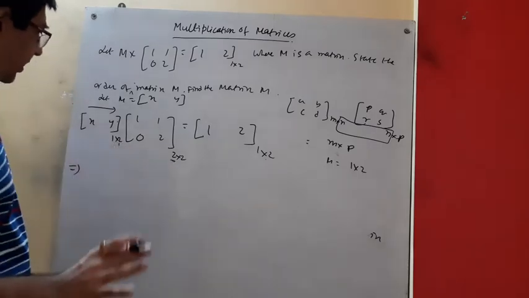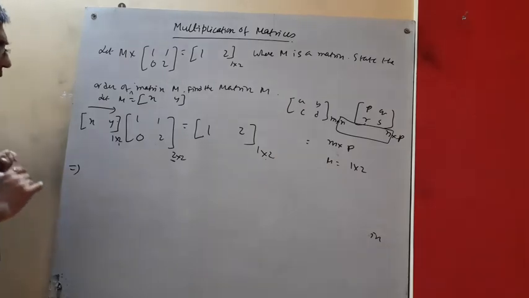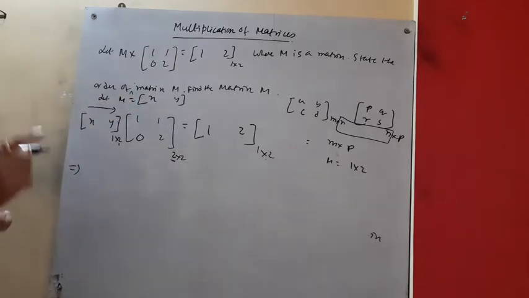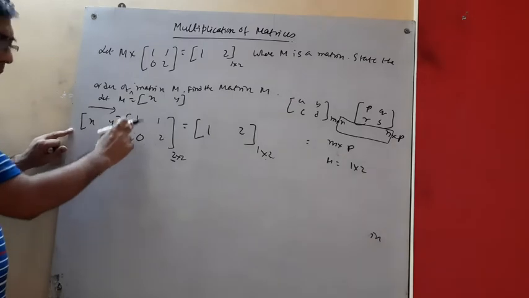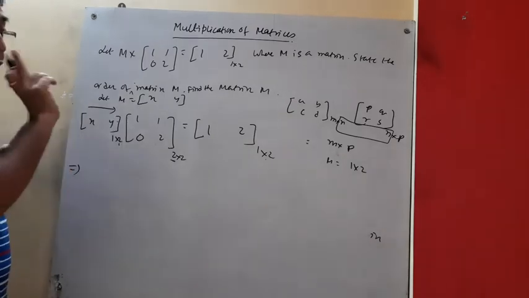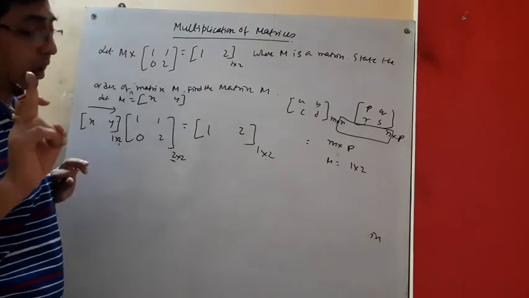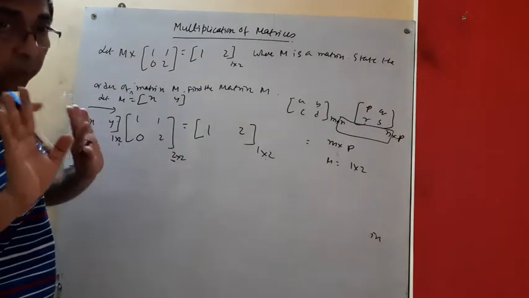This is clear. Now how to multiply? We go in this direction, and we keep one column of the second matrix fixed. Look, this column is fixed. And the order of the product matrix will come 1 row, 2 columns.